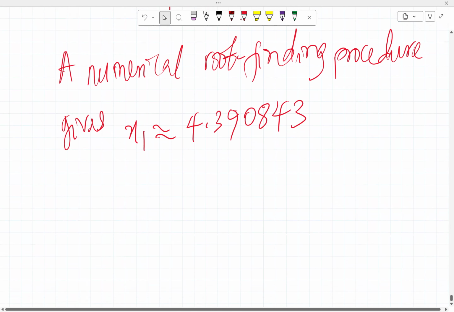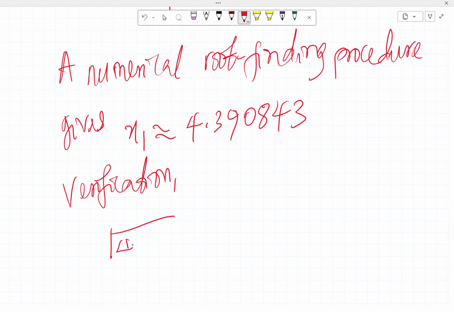For verification, we see that gamma of 4.390843 is approximately 10.